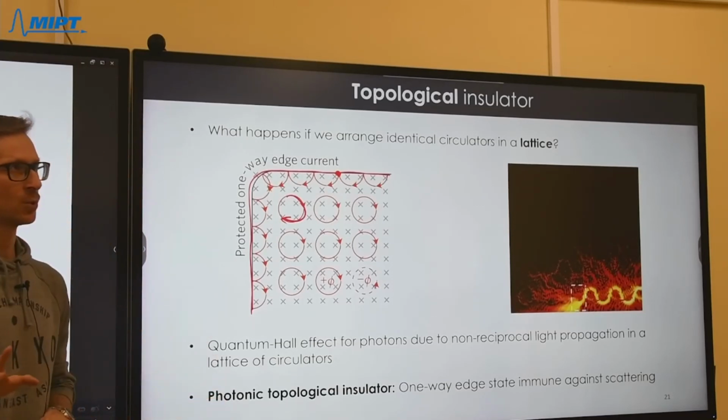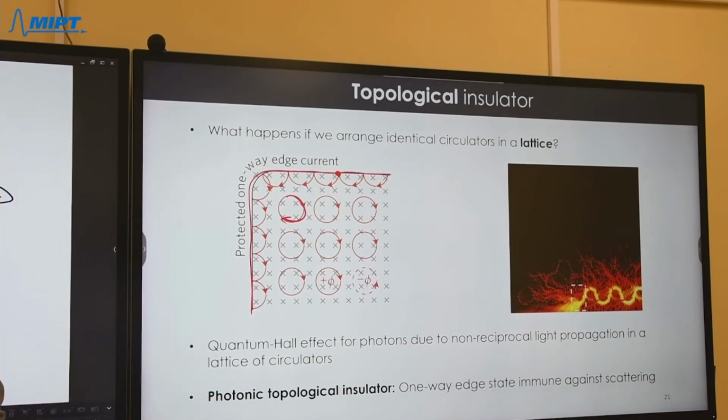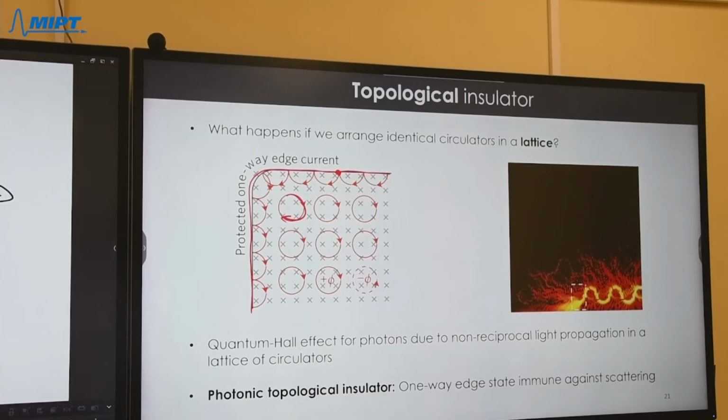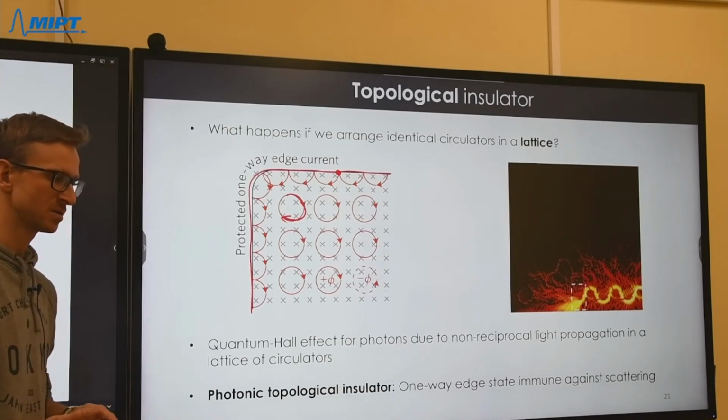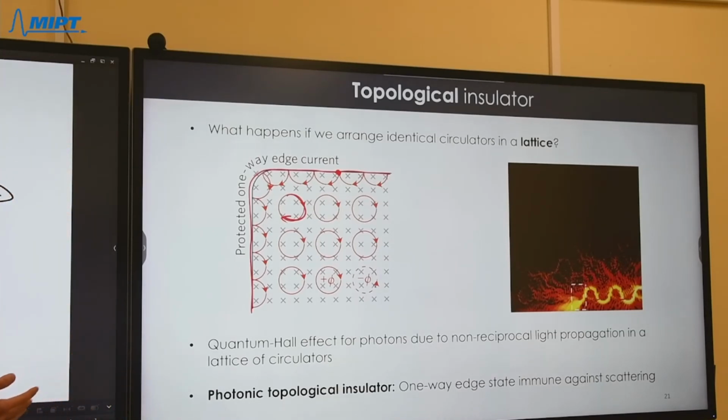There is a third way which is based on spin properties of a bi-isotropic system. This is called a spin Hall topological insulator, and as the title suggests, it is closely related to the spin Hall effect in solid state.